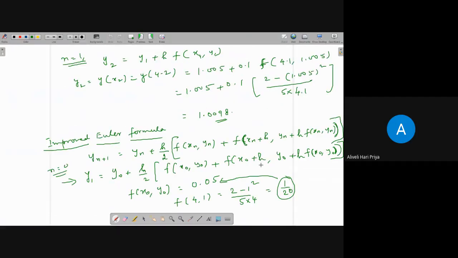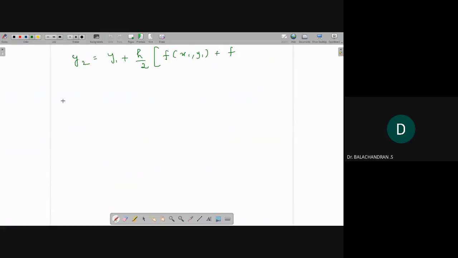Sir, y2 equal to 1.00966 for improved Euler. Okay, this is the correct answer. Because the procedure is the same, I leave it to you.